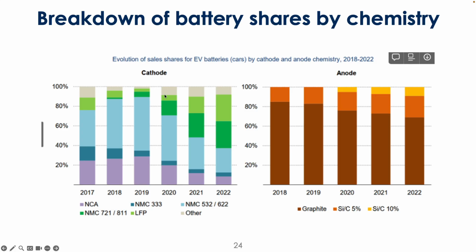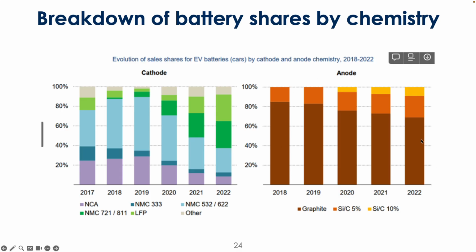The trend that you'll see is that LFP, after its introduction, has started to grow more and more. The really popular one from 10 years ago, the 532 and 622 NMC batteries, are starting to decrease in share. So there are these trends and shifts in the chemistry of batteries within vehicles over time.